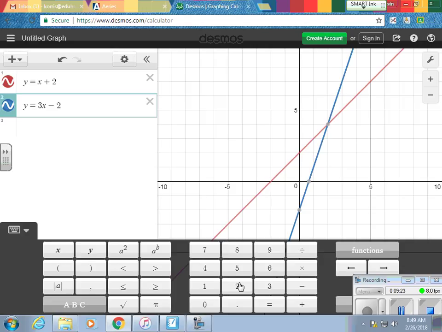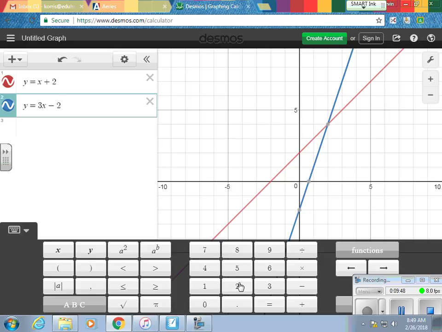Hey, that's pretty good. Like I said, it's a lot easier than trying to do it all by hand, isn't it? So once again, I just want you to give me a rough sketch of the 2 lines. And then we're looking for the solution, right? Where did they cross?